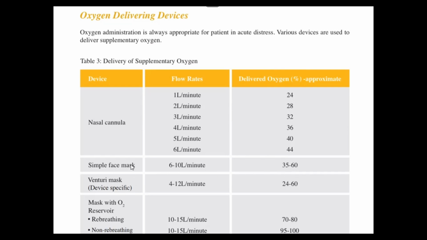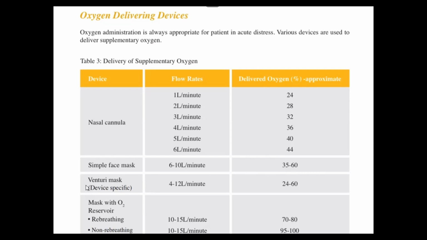That's why a face mask is not actually ideal in a patient who has acute respiratory distress. We usually use a face mask in a post-op patient who just needs a little oxygen supplementation in post-op recovery, not a patient who is actually hypoxic. In a hypoxic patient, a simple face mask is not a very good idea because it gives a very variable oxygen percentage. We are not so sure. Venturi mask is very good because you can actually fix the amount of oxygen you want to be delivered.